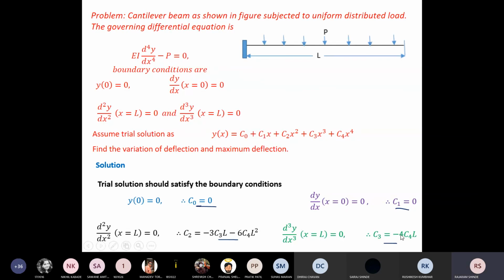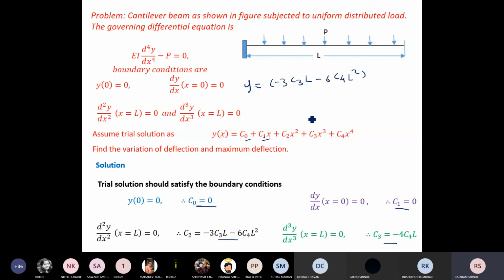You can see here y is equal to c2, in place of c2 is minus 3c3L minus 6c4L square.